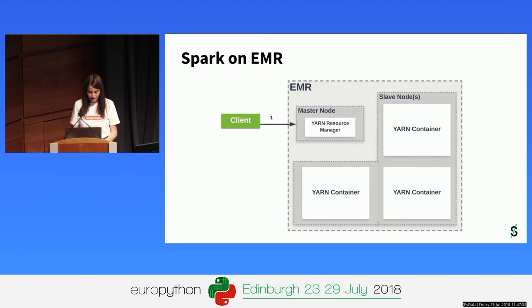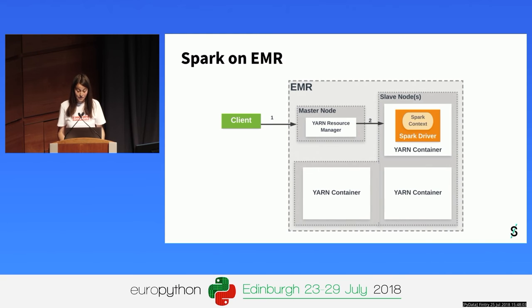When we submit a Spark application to EMR, this application is going to be running on several Yarn containers in the slave nodes. The first thing that is going to happen is that the Spark driver is going to instantiate the Spark context. And this Spark context is going to create the execution plan.